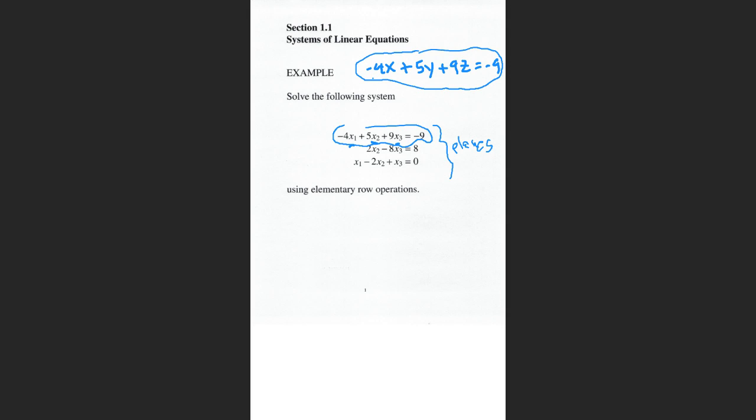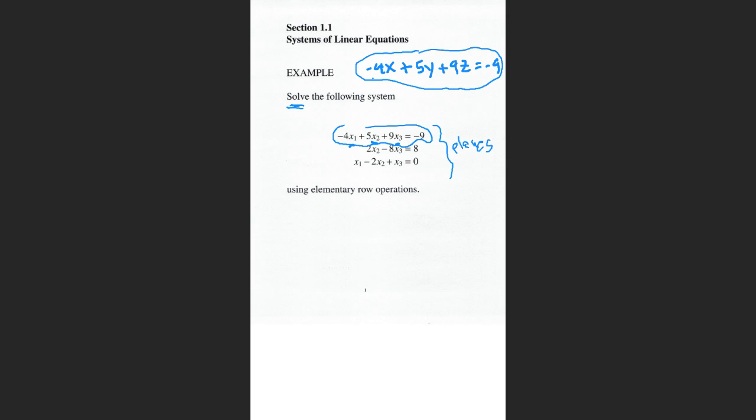But anyway, these are planes, and we have 3 planes in 3-dimensional space. If we're trying to solve the system and the system is consistent, then the solution would be a point of intersection between these 3 planes. So that's what we're trying to do.